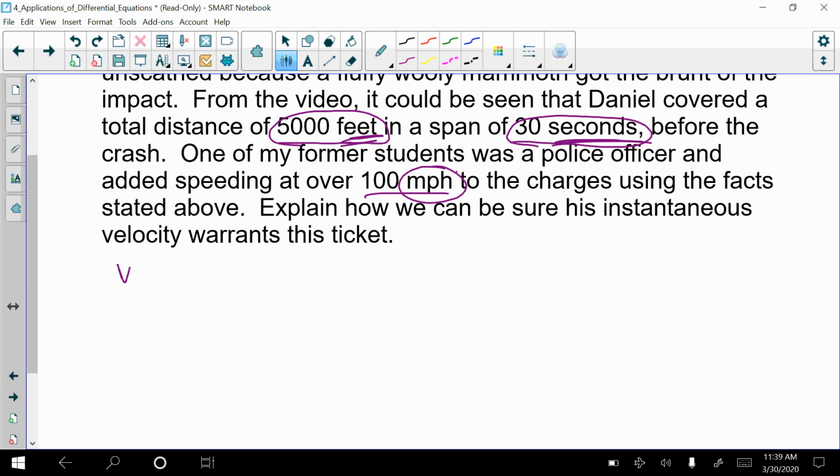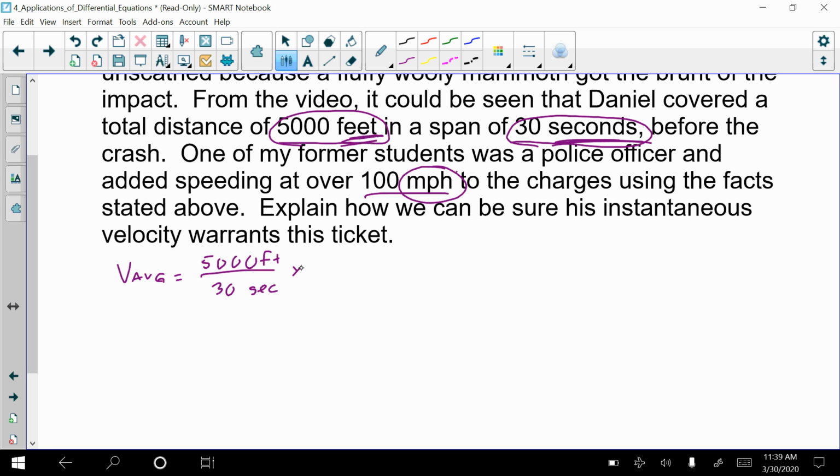So here I'm going to be looking at the average velocity to be equal to the 5,000 feet in the 30 seconds. So I'm going to want to convert that, similarly to what we've done previously.